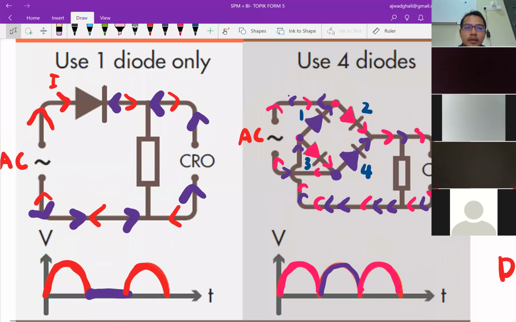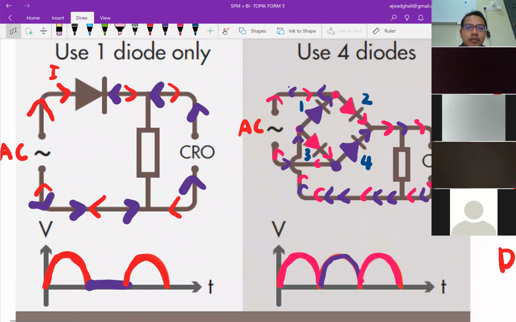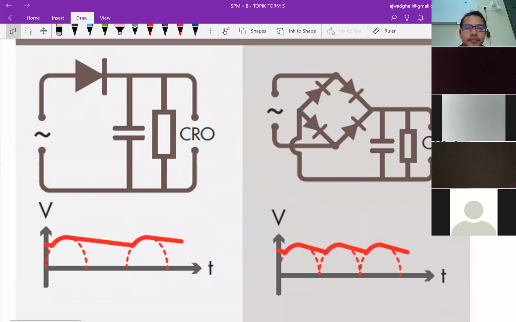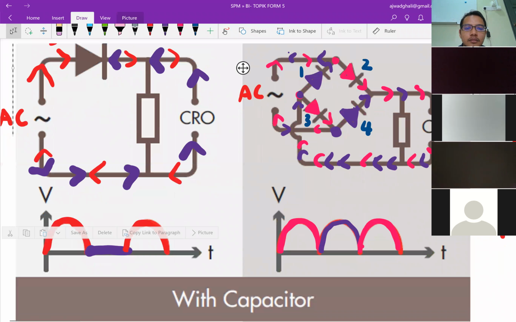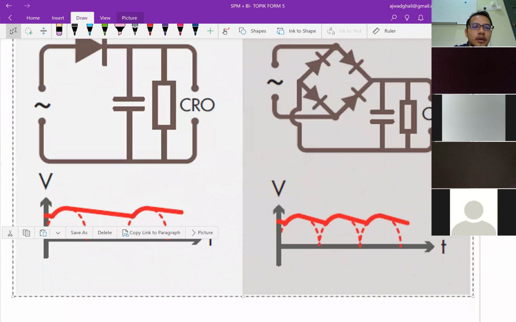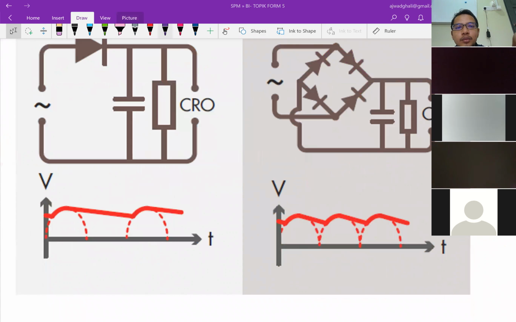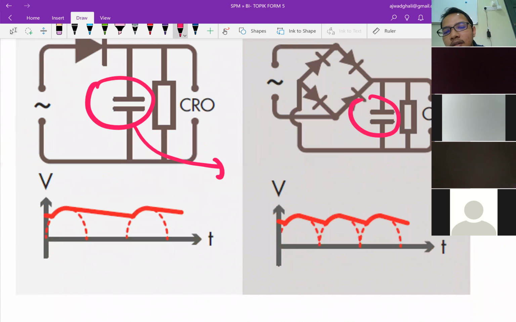All right. So in the bottom, okay, the difference is for this one, we have this component. This component is called a capacitor.